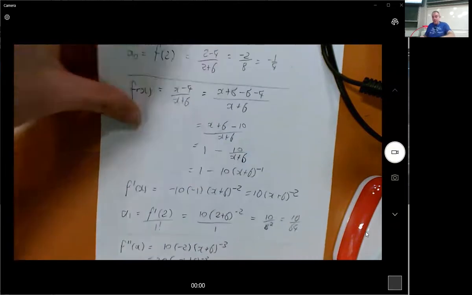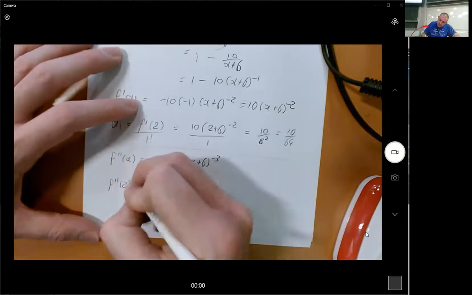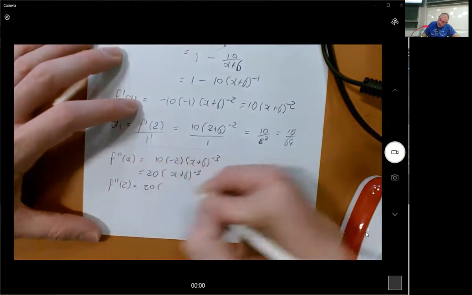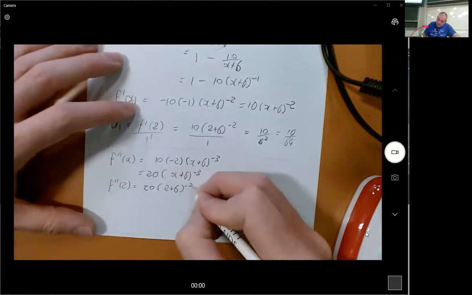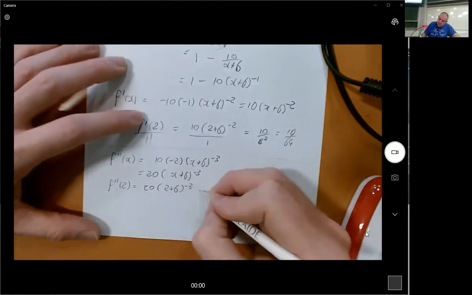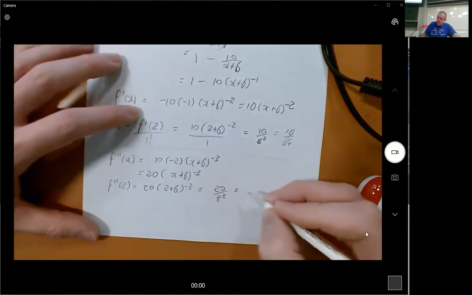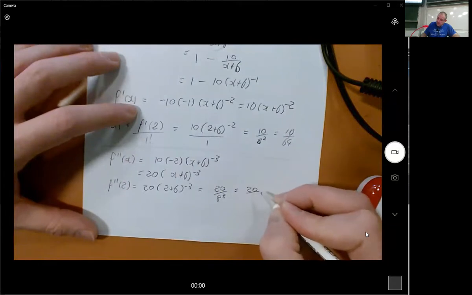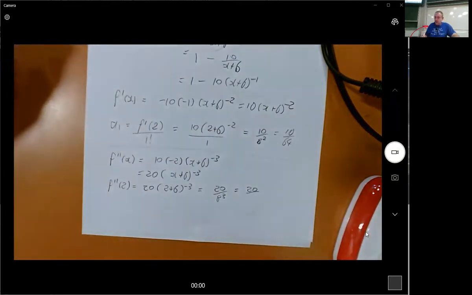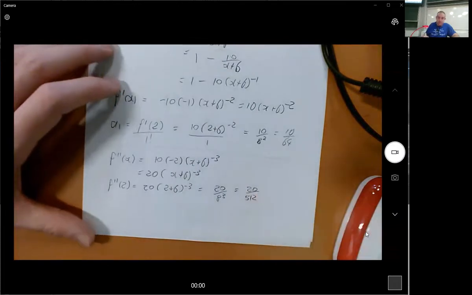Okay. And f double dashed of 2 would be 20 times 2 plus 6 to the minus 3, which is 20 over 8 cubed, which is 20 over 512.